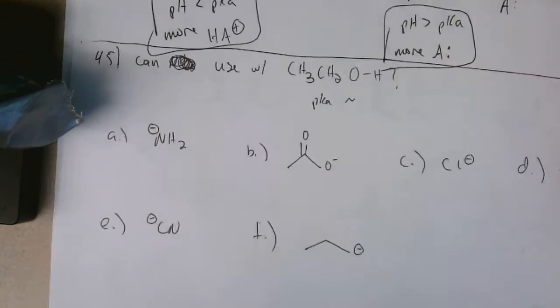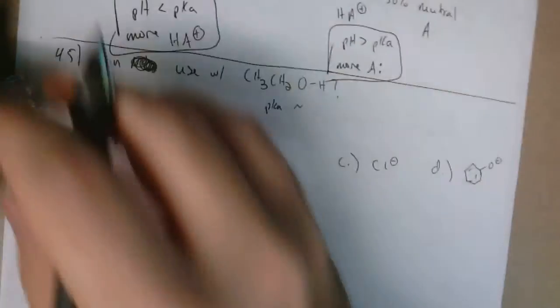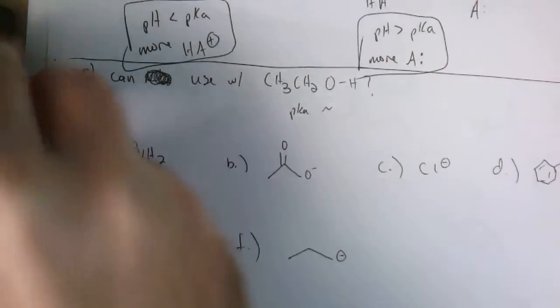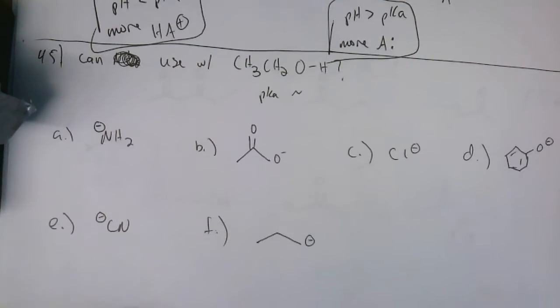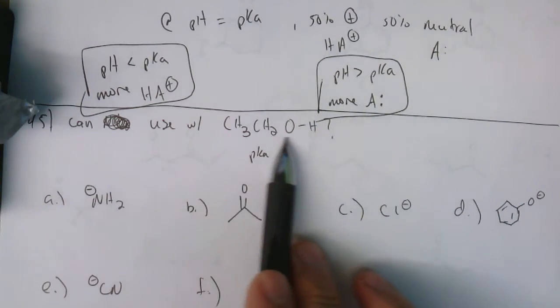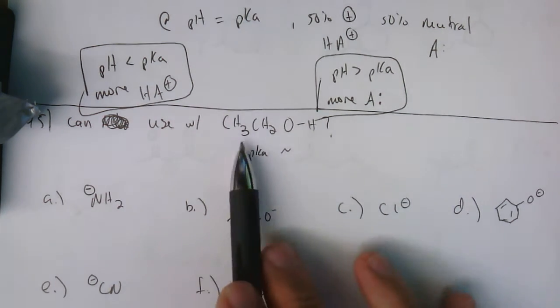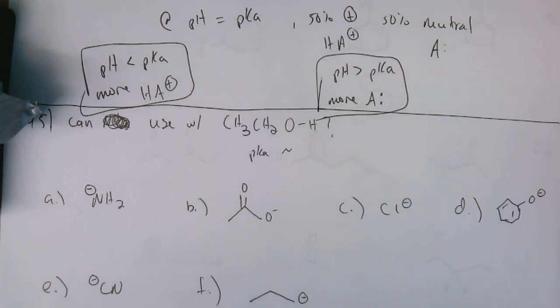Okay. Now question 45 wants to know, can we use these different reagents with ethanol? So here's ethanol, CH3CH2OH. In order to think about whether I can use all these different bases with ethanol, I need to think about what this question is really asking.